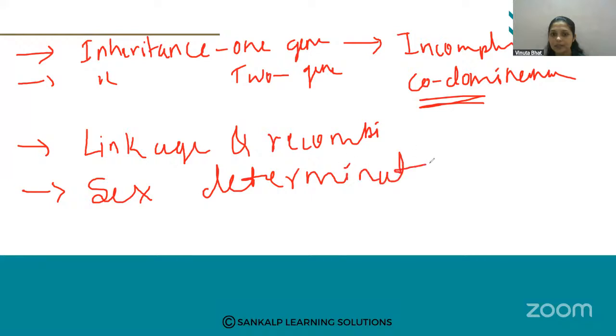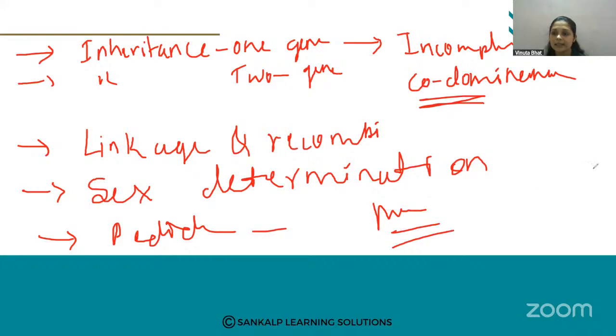After that, pedigree analysis, the pedigree chart, that is also very important. And the last one, disorders: Mendelian disorders as well as chromosomal disorders, which are very important for your exam.